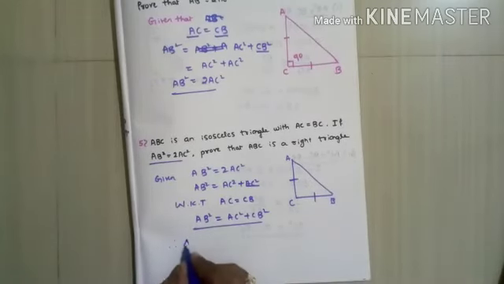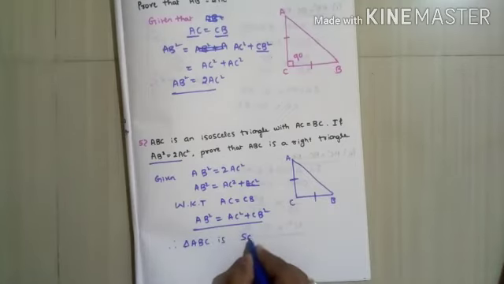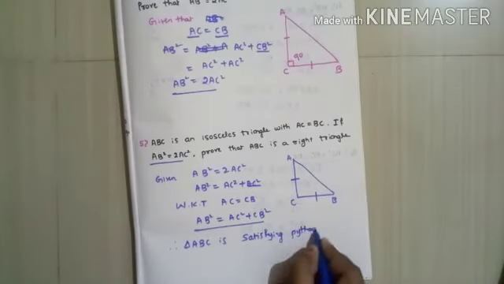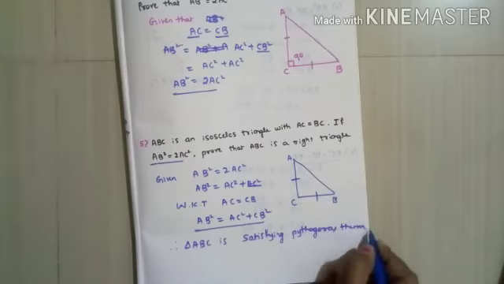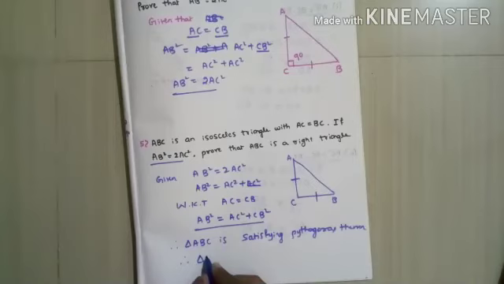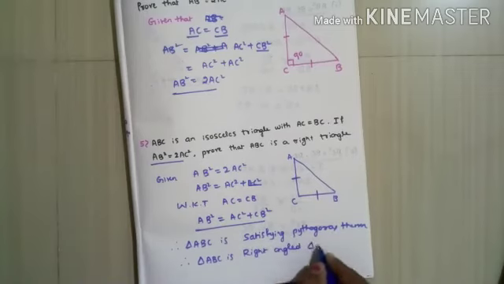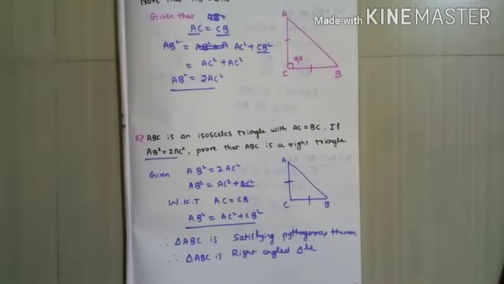Therefore triangle ABC is a right angle triangle. This is the fifth sum.